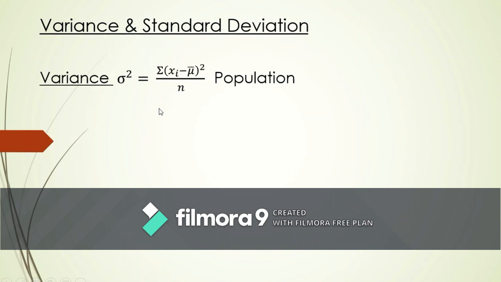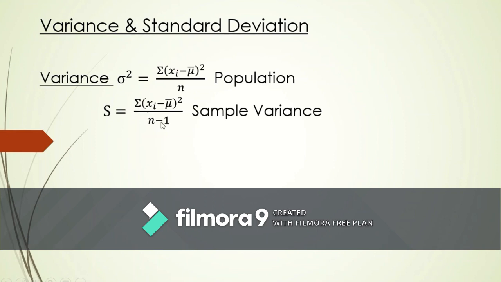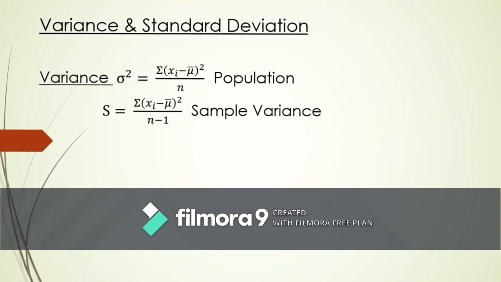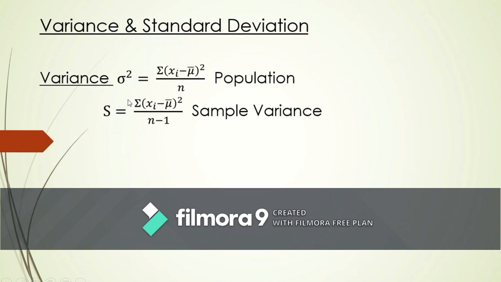Para po ito sa population. Or, pwede naman ito S squared is equals to summation of all deviations from the mean squared over n minus 1 para din po sa sample variance. So, ang gagamitin po natin muna ay itong sa population.